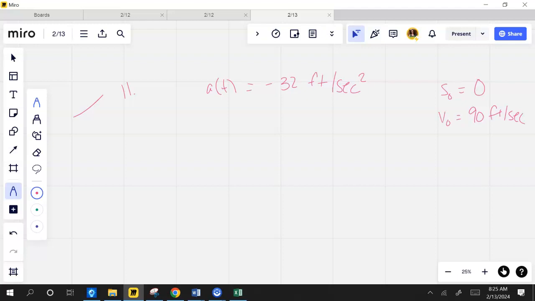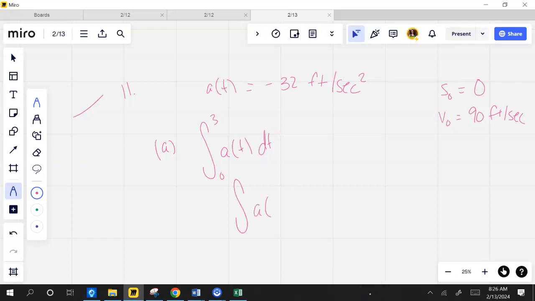What is velocity after 3 seconds? So I'm looking for the integral from 0 to 3 of acceleration, right? Or I could just find the equation for velocity, and that might be easier for you to see.